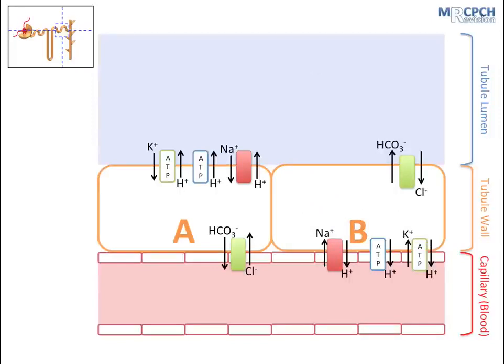So it does exactly the same job as the type A cell, but in reverse. Instead of reabsorbing bicarbonate and secreting protons, here we secrete bicarbonate and reabsorb the protons. So the type B cells act when we're in a state of alkalemia in an effort to correct that.